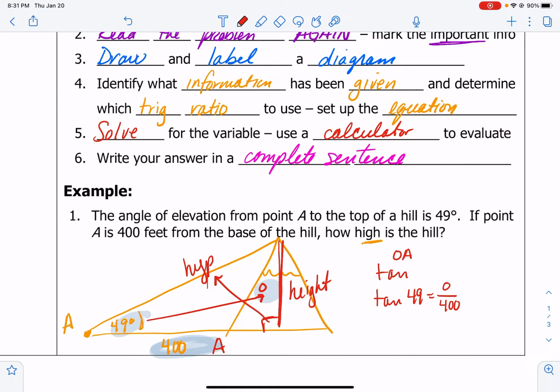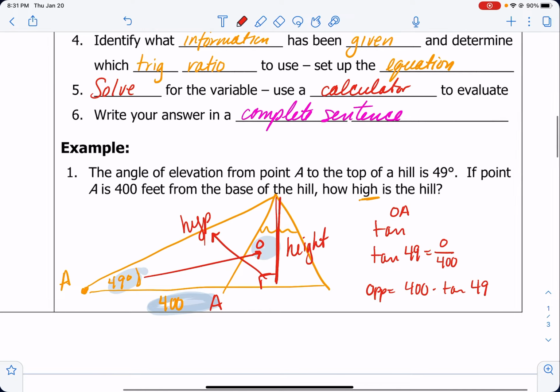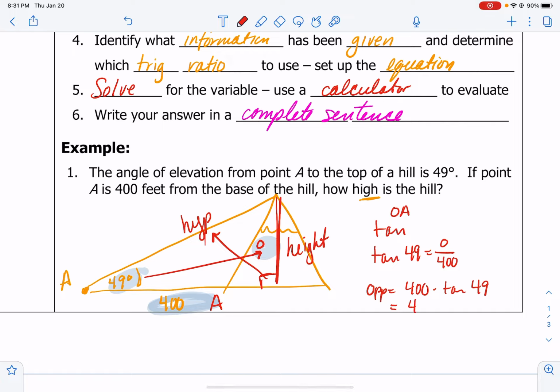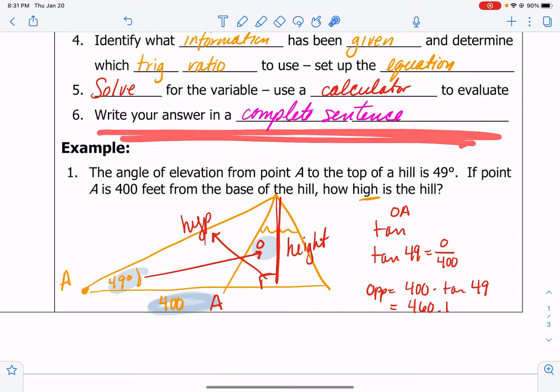So we use our calculator. We multiply those things. So the opposite side is 400 times the tangent of 49, which is 460.1. Now, what does that number mean? The last direction or step was to write a complete sentence.